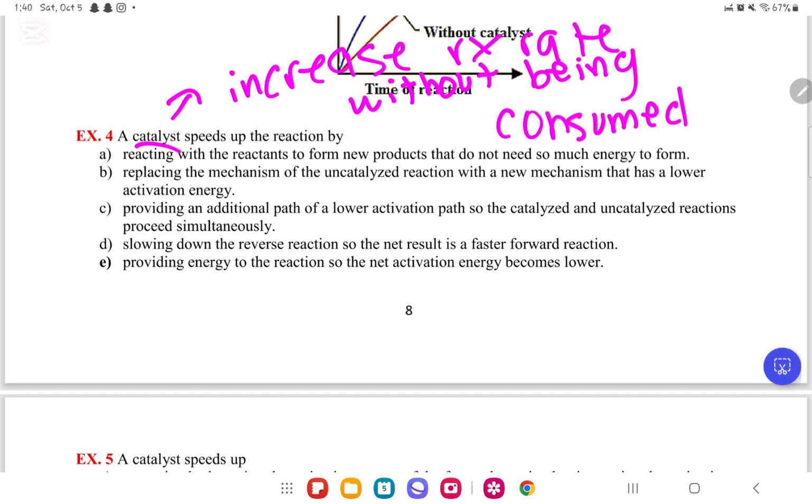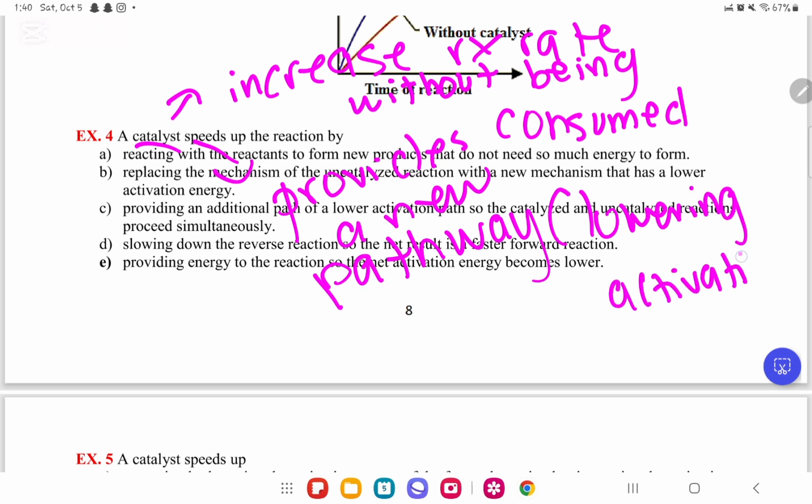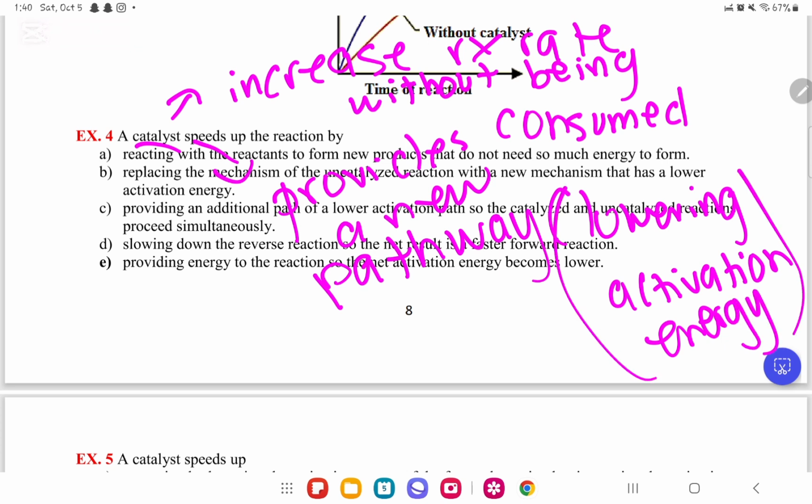On top of that, the catalyst provides a new pathway. How? By lowering activation energy. So let's do it like this.